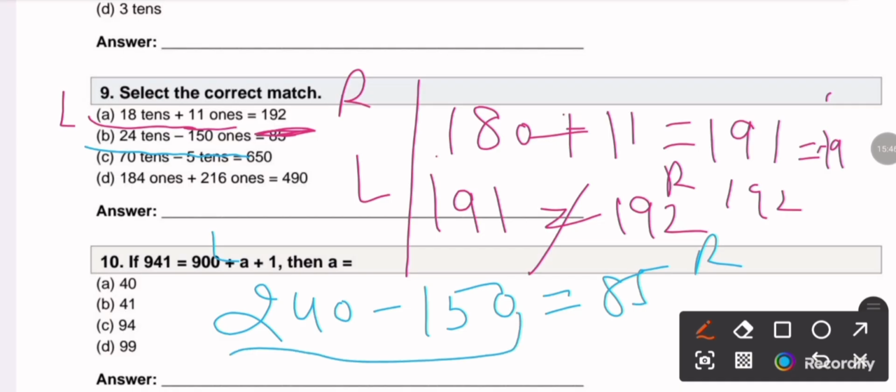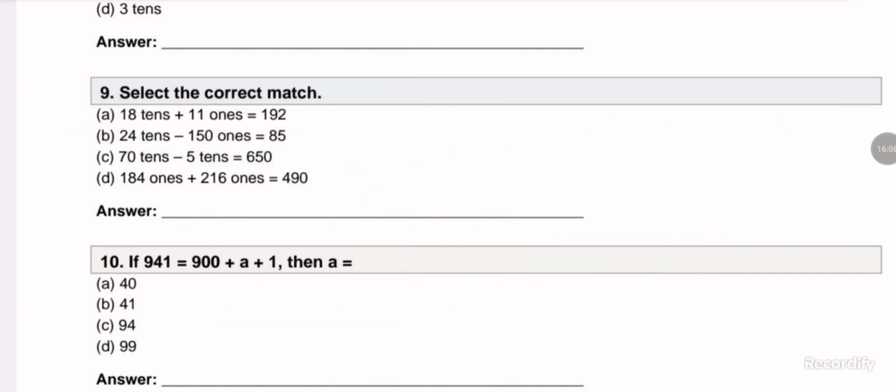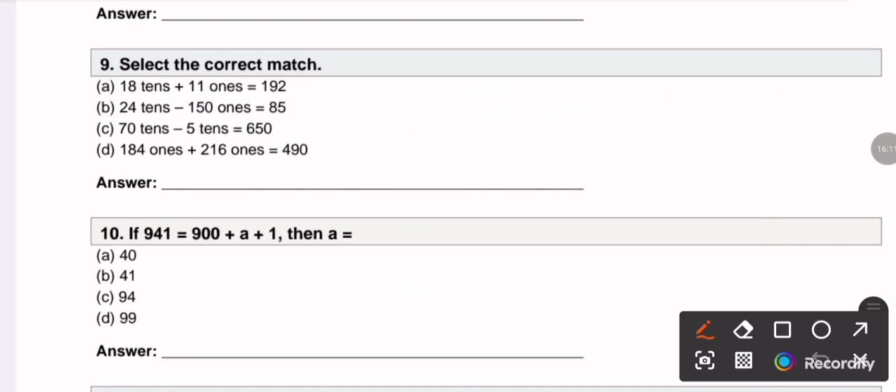So the answer is 90. 90 is equal to 85? This is not equal. Both sides are not equal. So this option is wrong. Go to the next option.